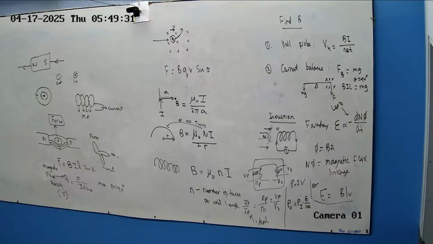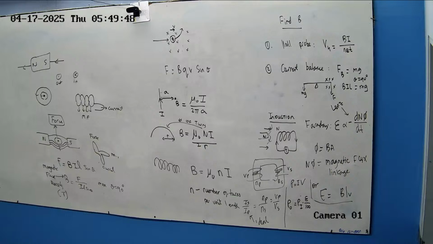Alright, so let's go through it, right? What is flux density? Basically, you can take that formula there and put it in words. B is equal to F over IL sine theta. Put that in words, right?